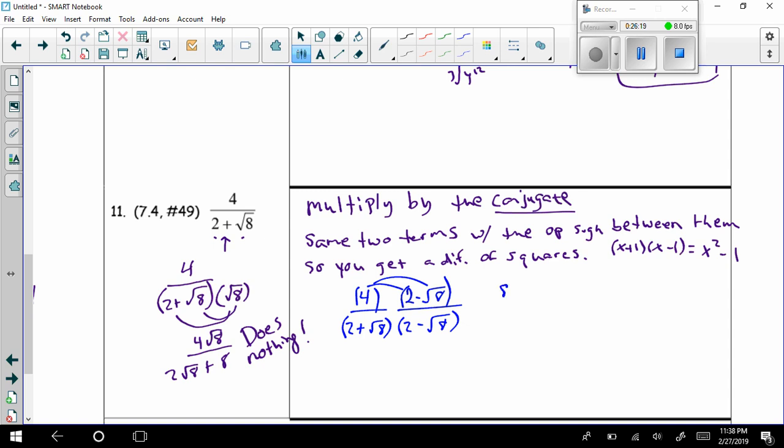So this, though, is just 8 minus 4 root 8. We'll simplify that in just a second. I'm not going to worry about it yet. Over. Now, when you're doing this, and I'm going to show you all the way out real quick. So 2 times 2 is 4. Here we have minus 2 root 8 plus 2 root 8, and then minus 8.